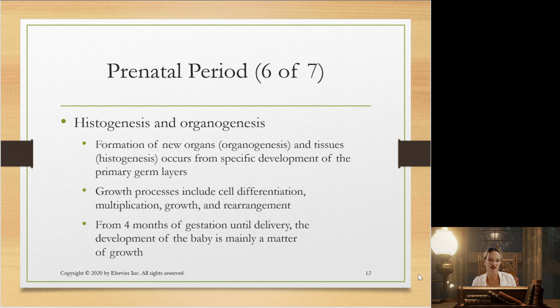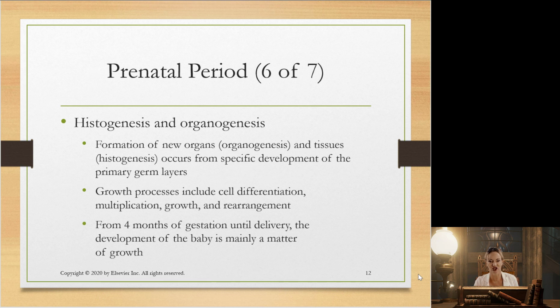Now let's go into histogenesis and organogenesis. Formation of new organs is organogenesis, and formation of tissues is histogenesis. And this occurs from specific development of the primary germ layers that we just learned about. Growth processes include cell differentiation, multiplication, growth, and rearrangement.